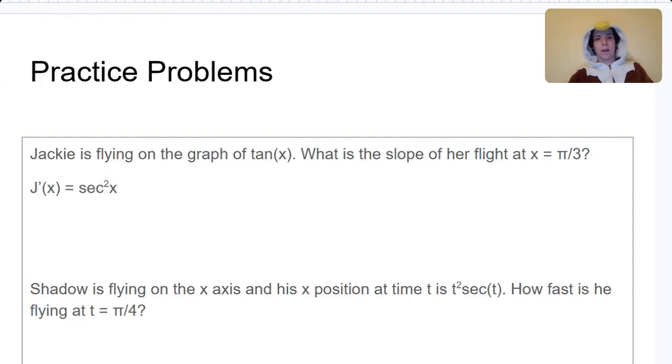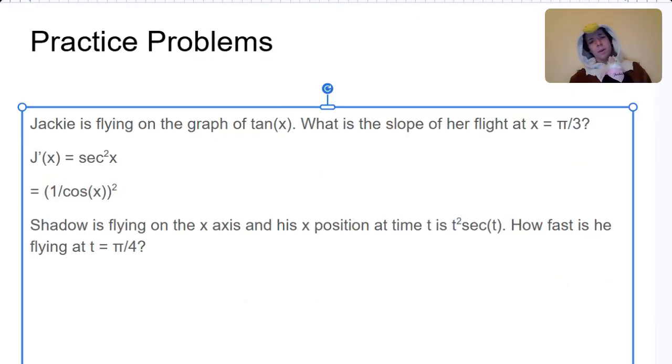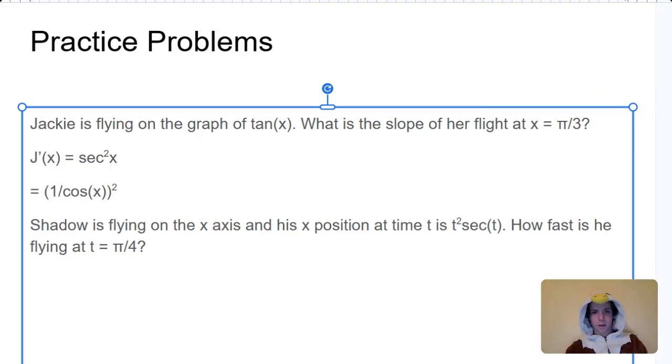So now we want to find j prime of pi over 3. So we want to find secant squared of pi over 3. We can rewrite that as 1 over cosine squared x, or 1 over cosine x squared. And the cosine of pi over 3, you know, from the unit circle, that's 1/2.